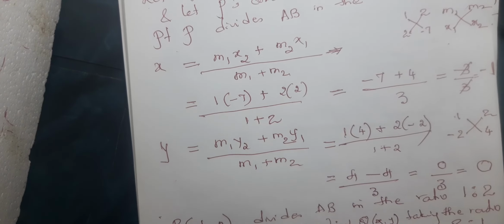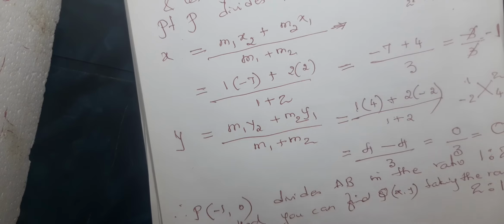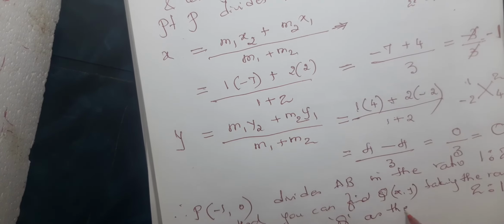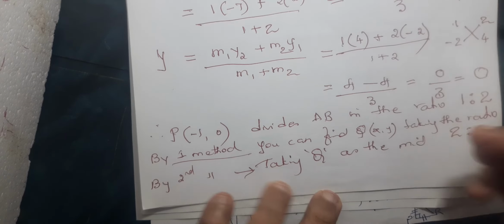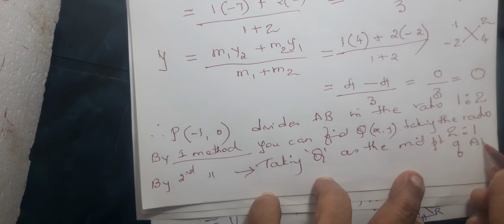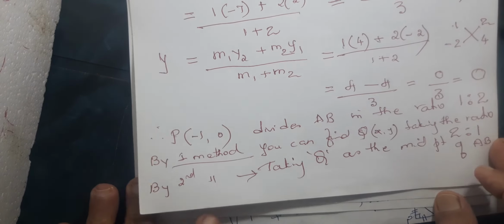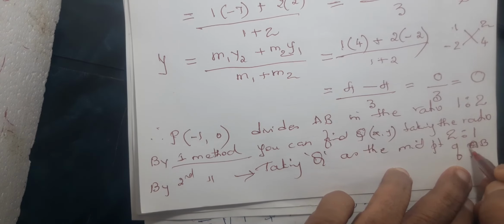So by the second formula, taking Q as the midpoint of PB. Because see, I told you 1, 1, 1.